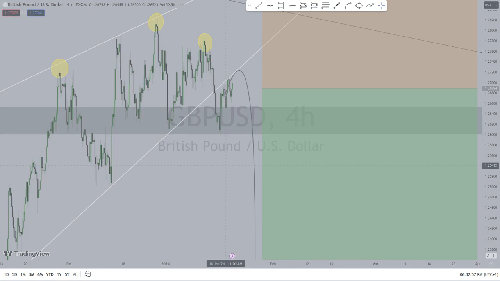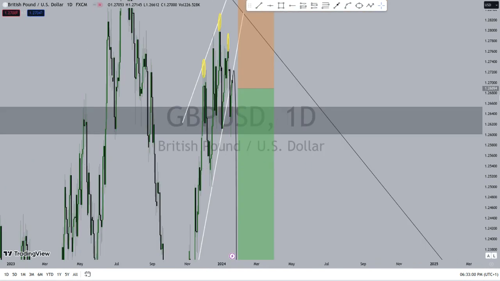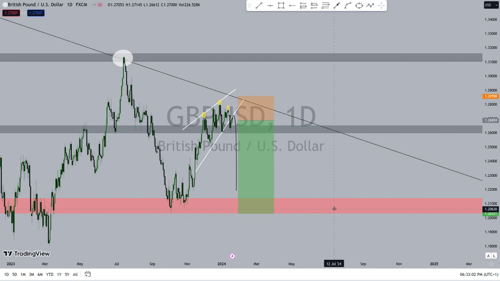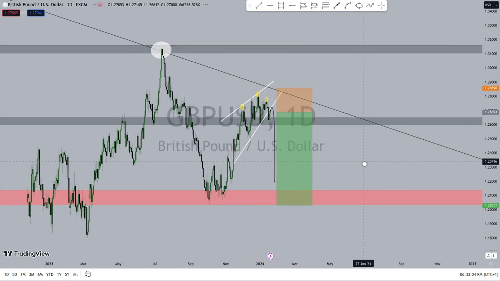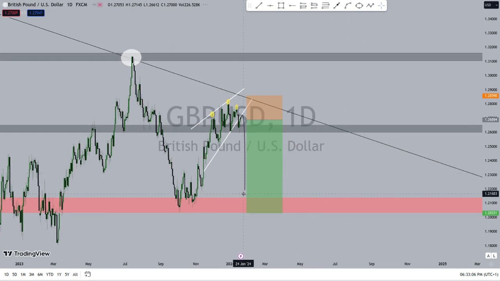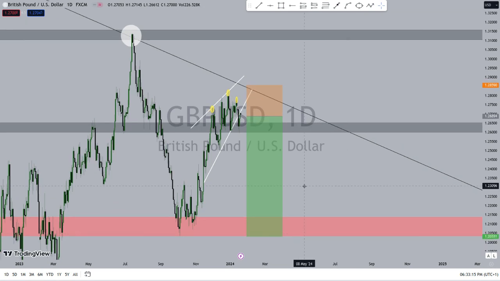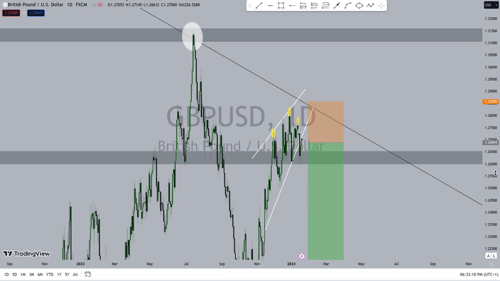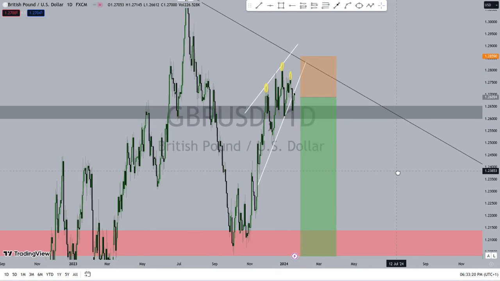Going to the daily time frame so you can see things clearly. This is what I projected in my previous video, and we are still with the bearish bias on GBP USD, as long as price has broken below our counter trend line and is still trading right about this region.